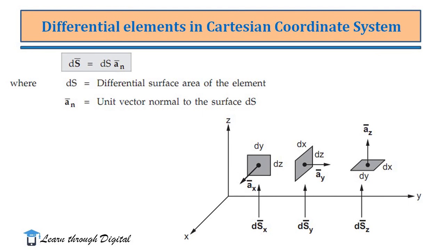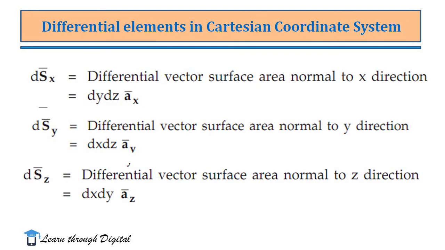The differential vector surface area normal to the x direction is dy dz ax vector. The surface normal to the y direction is dx dz ay vector. Similarly, the differential vector surface normal to the z direction is dx dy az vector.